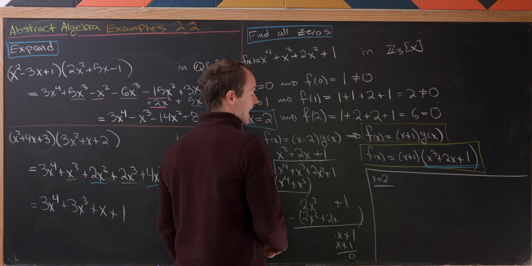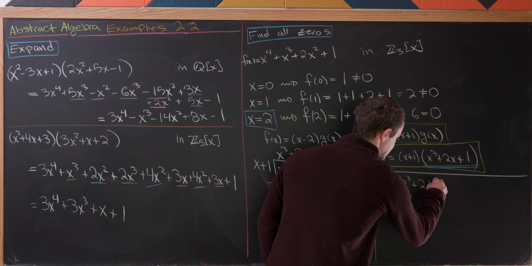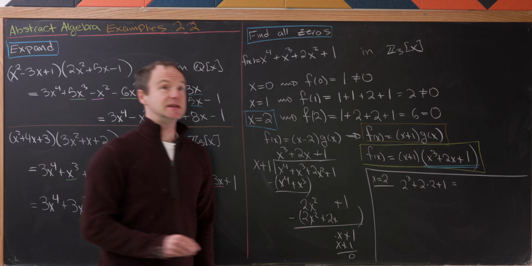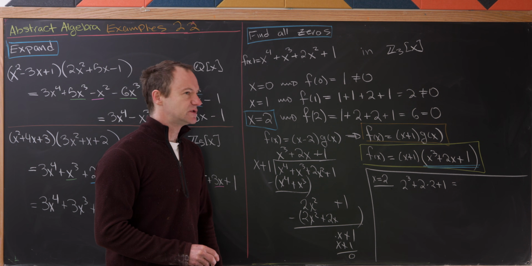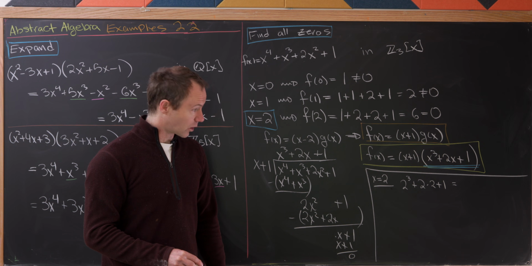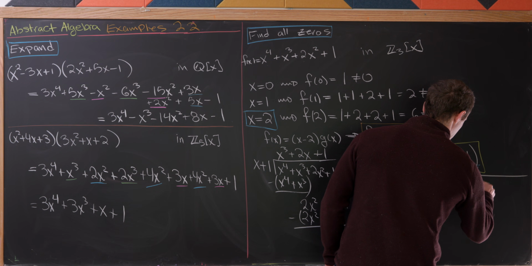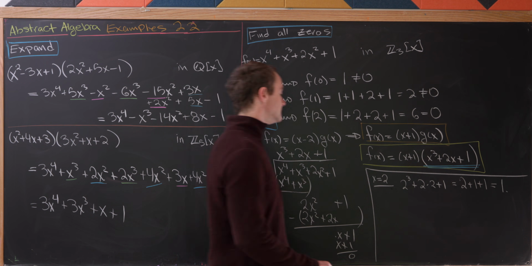So let's see, if we plug x equals 2 into here, we'll get 2 cubed plus 2 times 2 plus 1. But let's see, 2 cubed is 8, which is equal to 2. 2 times 2 is 4, which is equal to 1. So this really turns into 2 plus 1, which is equal to 4, which is equal to 1.